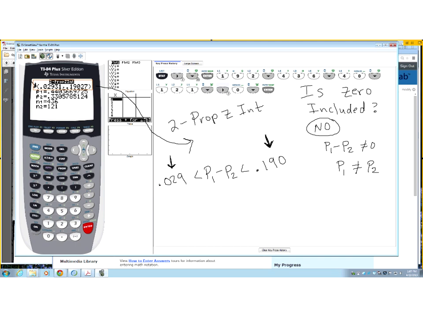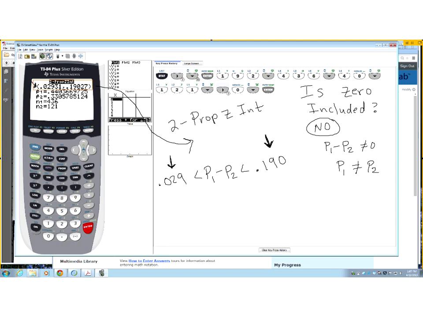So if 0 is not included in your confidence interval, then P1 minus P2 will never equal 0, which implies that P1 will not equal P2. So am I saying that my population proportions are the same, or that they're different? All right, so the two population proportions are different.